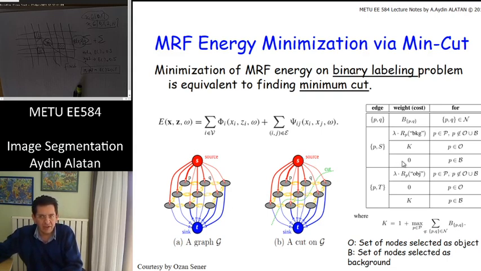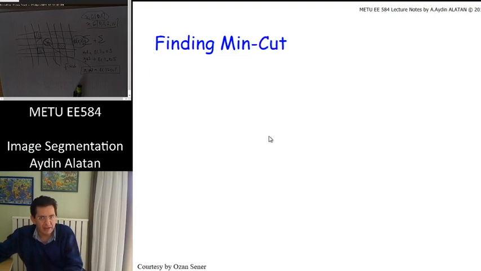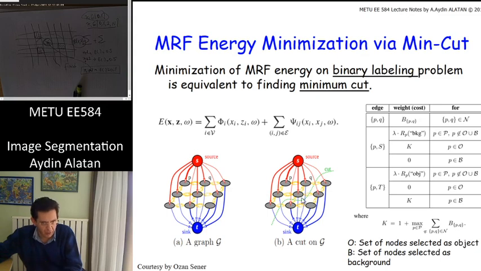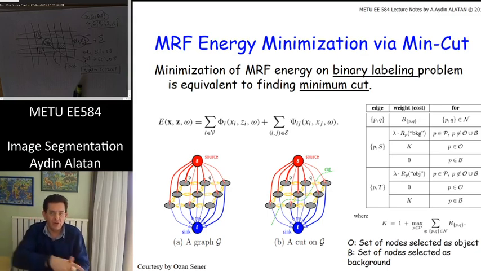Therefore, you give zero cost to it, and this means certainly P, you write it here, for example, background. Or another Q is belonging to object, you write here zero cost. Obviously, we are trying to minimize this. Zero costs are preferable. You are enforcing them to get those values.